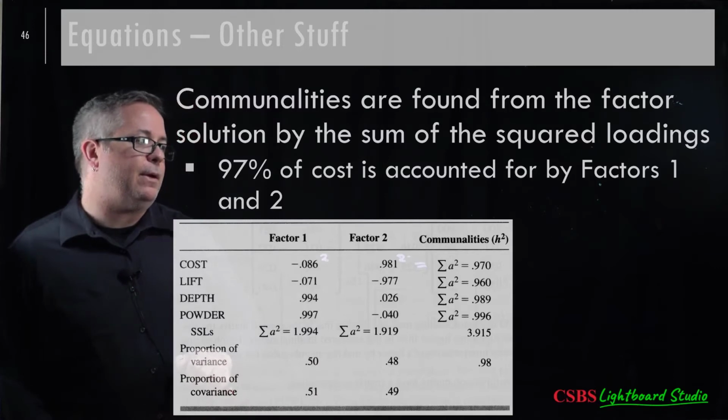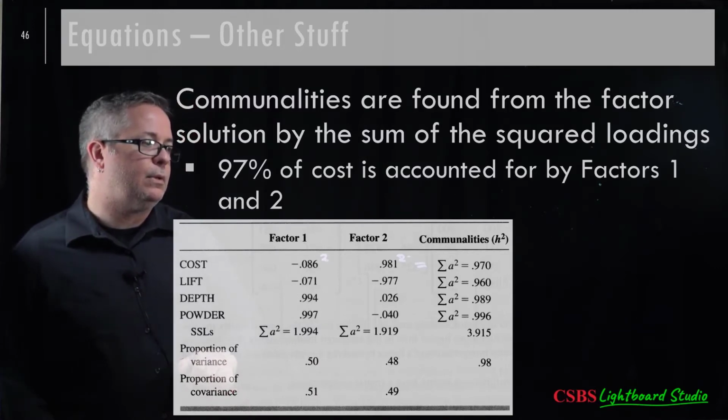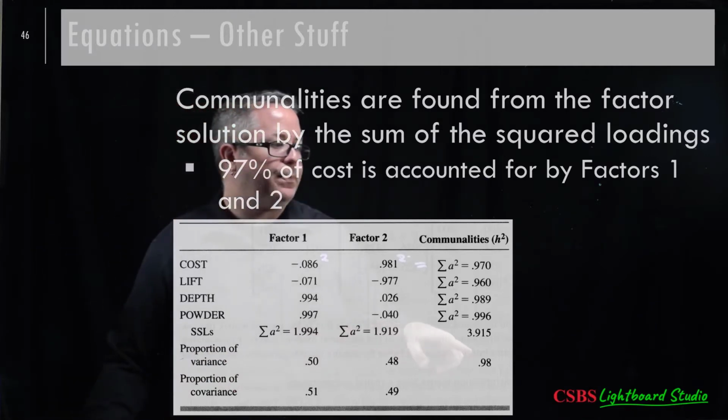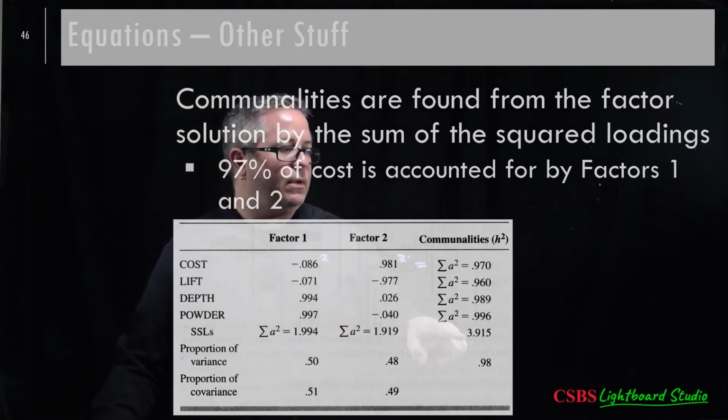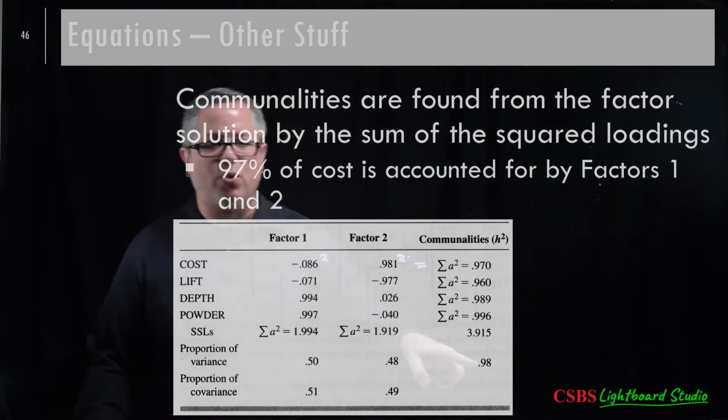Then if I add both of these up, the 1.994 and the 1.919, this is the total explained variance. Of the 4 units total, we're explaining about 98% of the total variability.